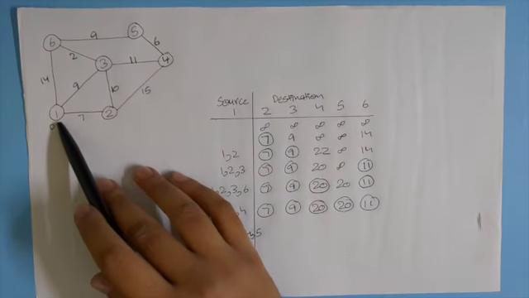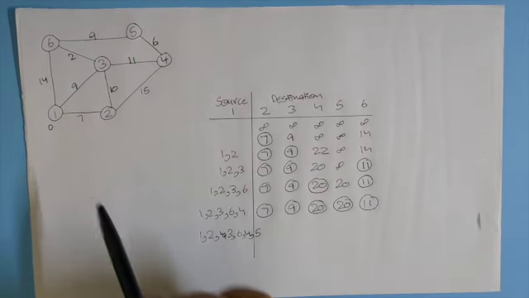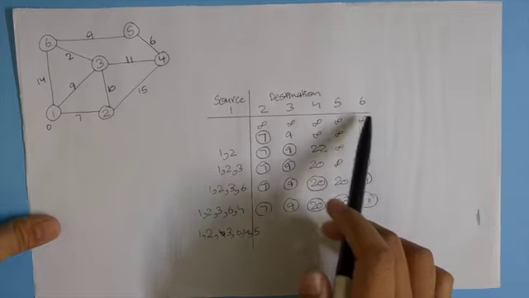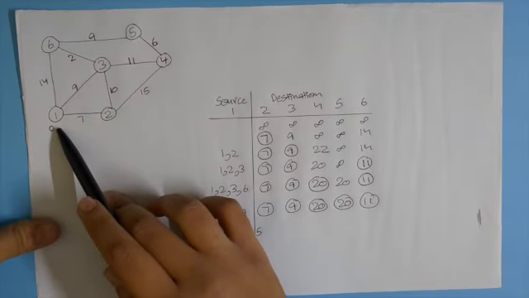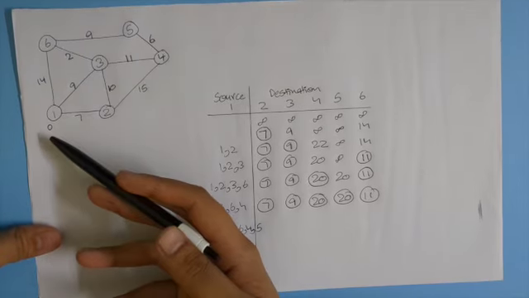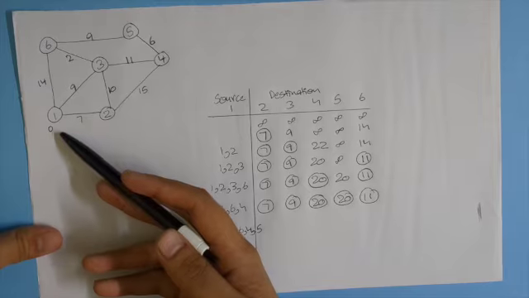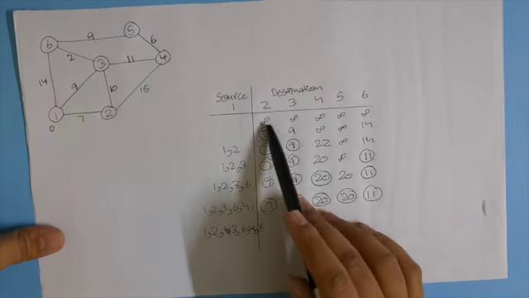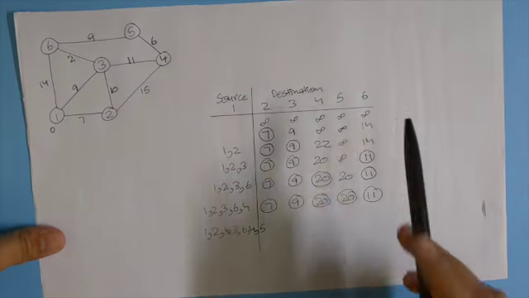We'll be taking 1 for the source and others as destination. So we'll make a table with one source and other destinations. 1 will be 0, as initially we are standing on 1, the cost for 1 will be 0. Then for other destinations we don't know the value, so we'll set them as infinity, infinity, infinity, infinity.